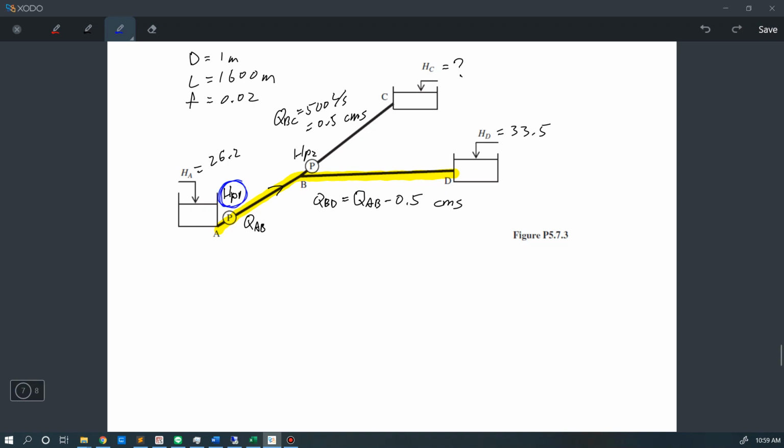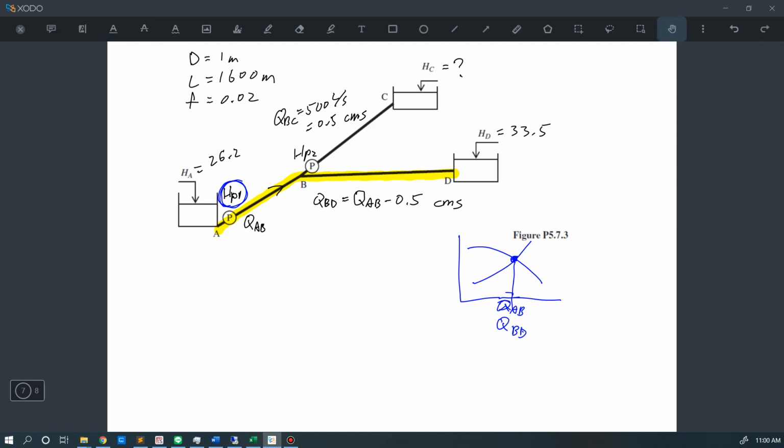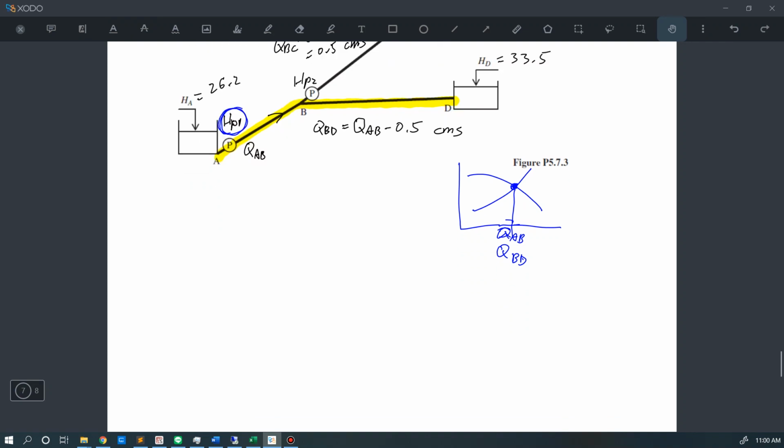So if that is the case, we can use a similar plot to find this intersection and find out QAB and QBD. Okay, so that's the thing we want to do. And let's start to do that.